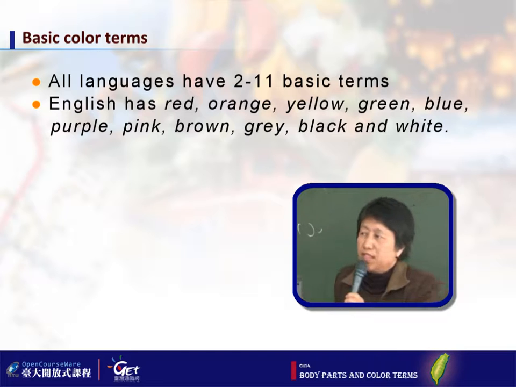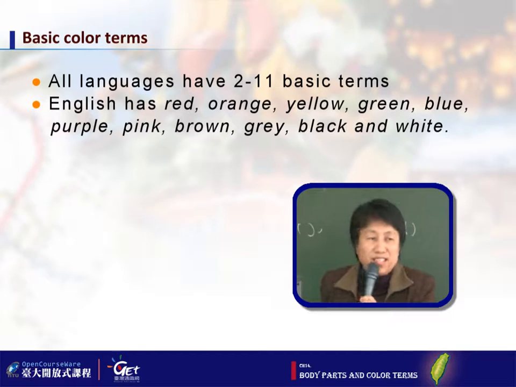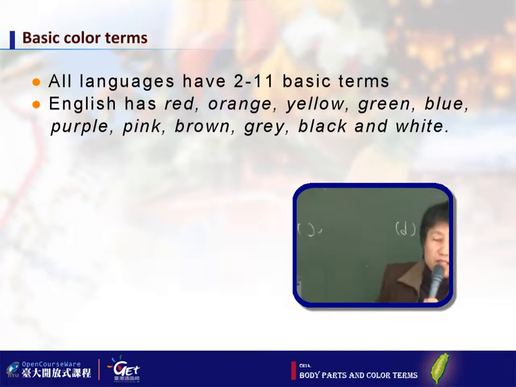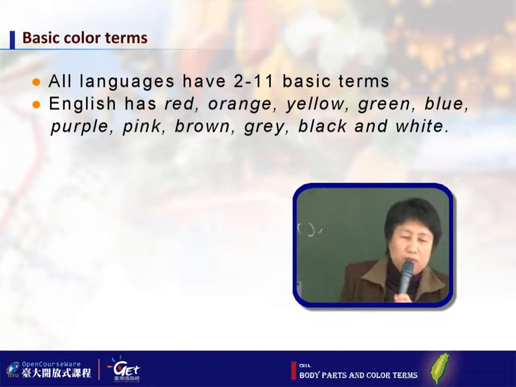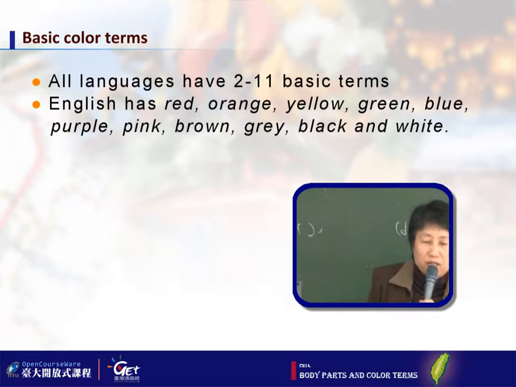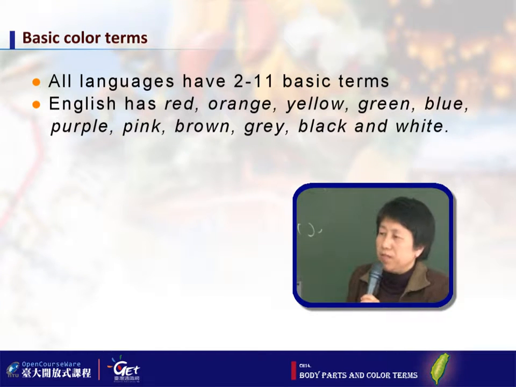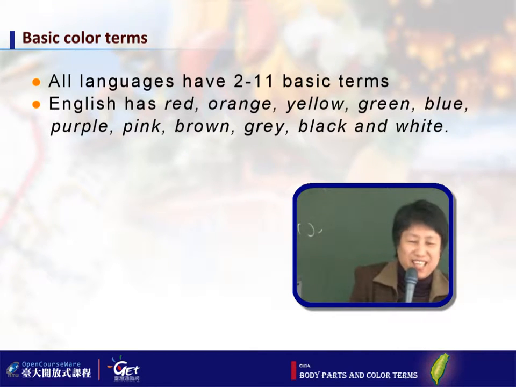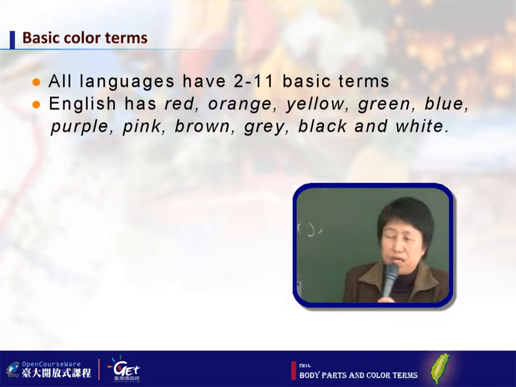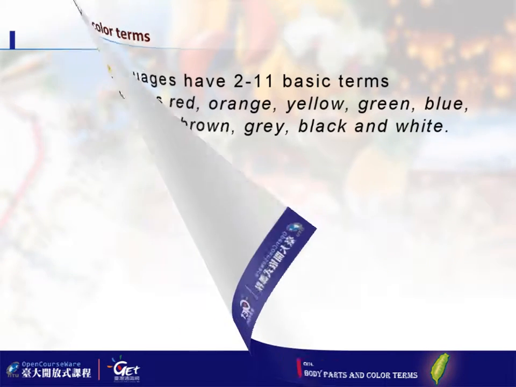They would have at least 2, black and white, and then there's a variation of that up to the 11 terms. Like English, considered to be the most complex, I guess. It has red, orange, yellow, green, blue, purple, pink, brown, gray, black, and white. 11 terms. Okay, all these basic terms.